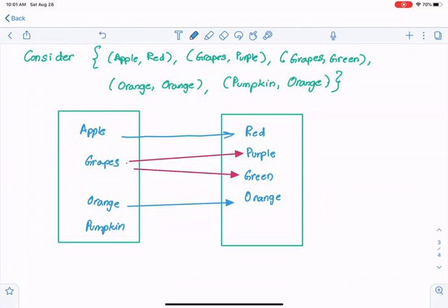So I'm going to get rid of that and do it that way. So let me change the colors of these.